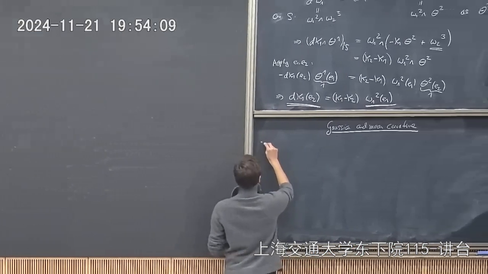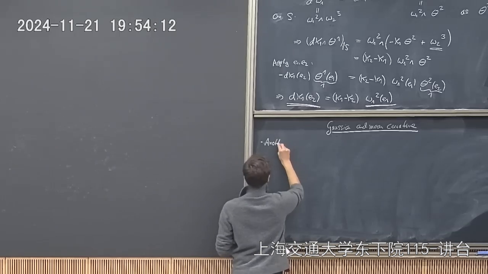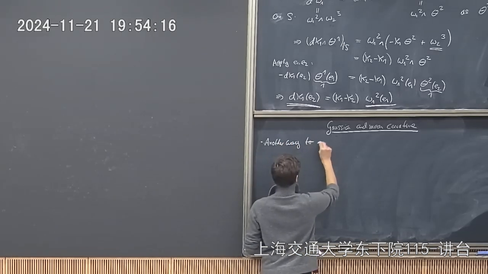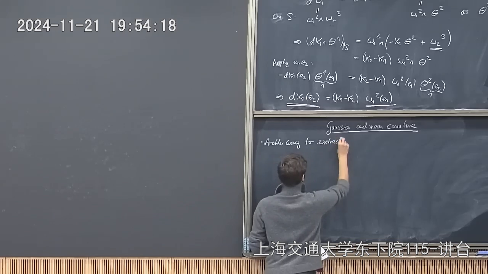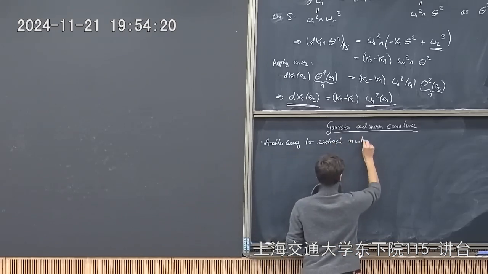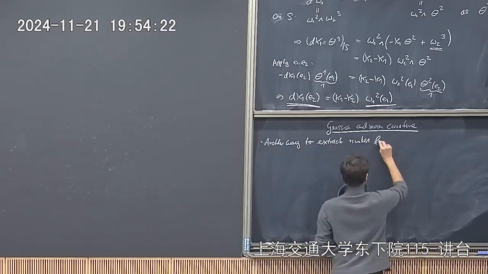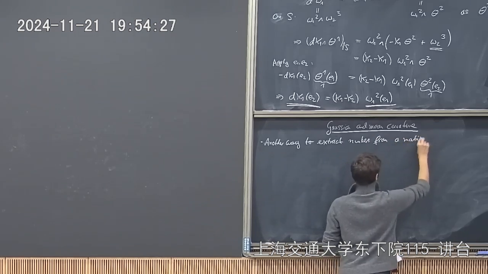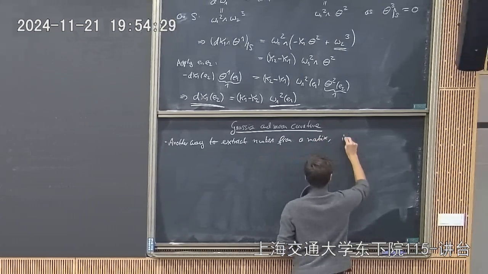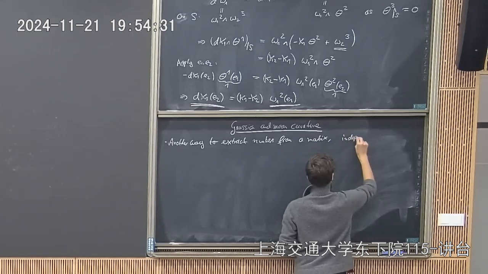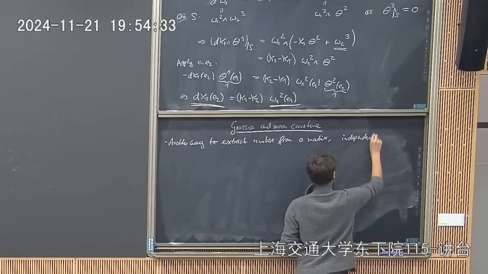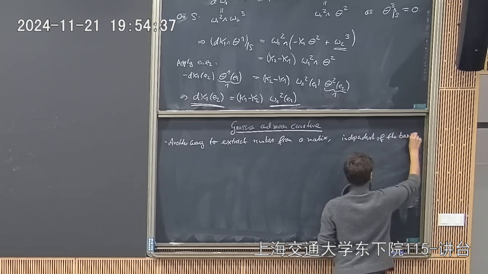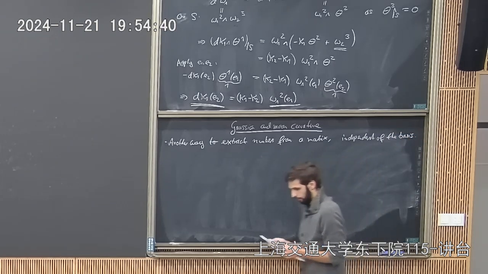So the starting point is another way to extract numbers from a matrix independent of the basis, so independent of the frame.